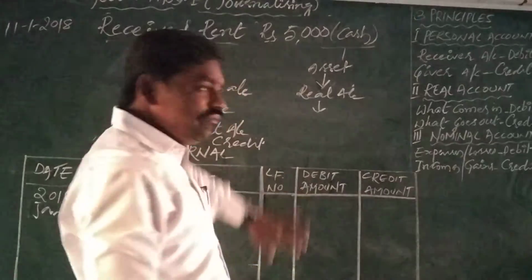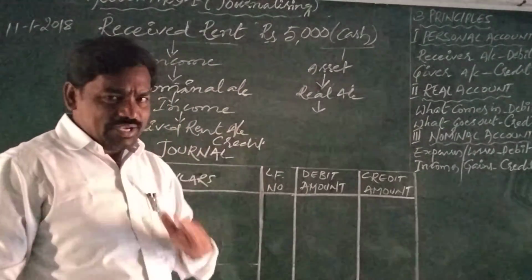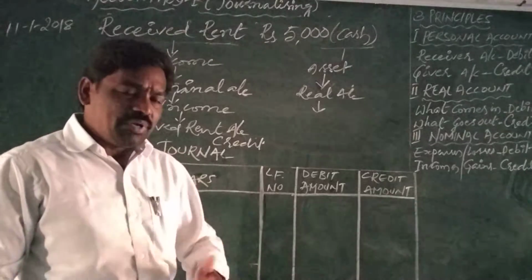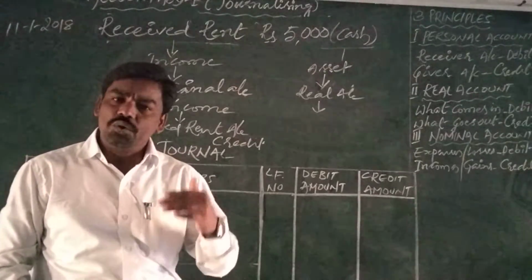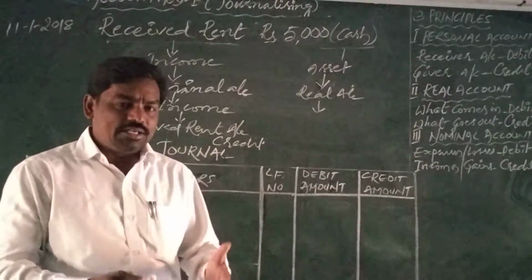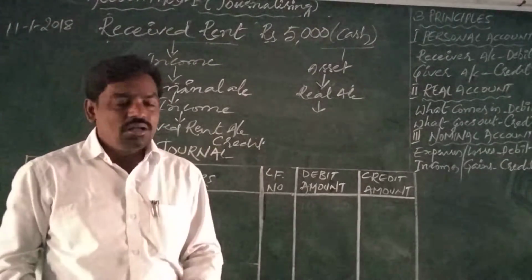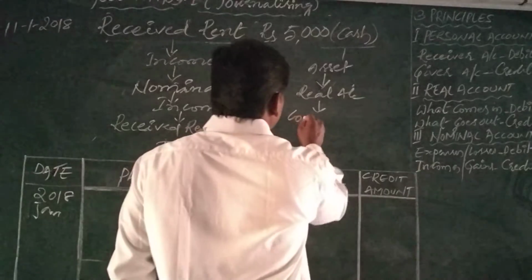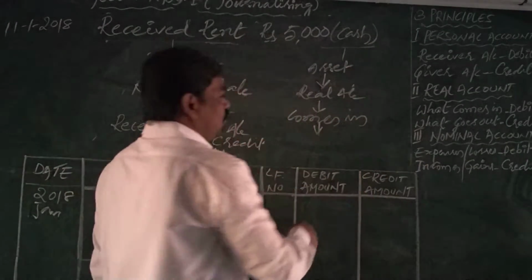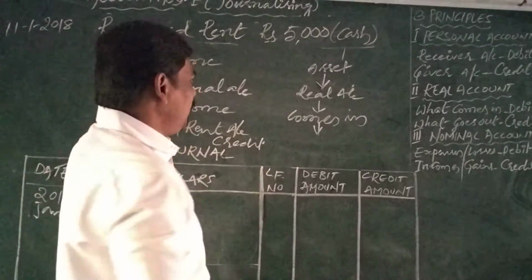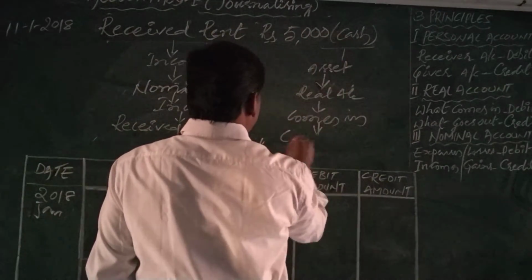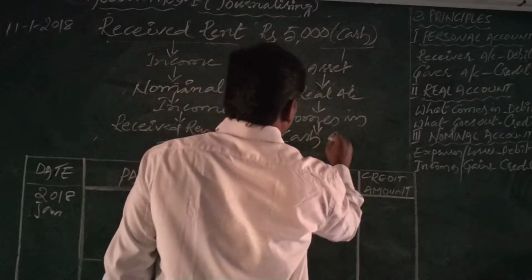So here when we receive rent in the form of cash, is cash coming into the business or going out of the business? Naturally, when we receive the rent in the form of cash, it comes into the business. So whatever comes into the business should be debited as per real account principle. So here we debit the cash account.